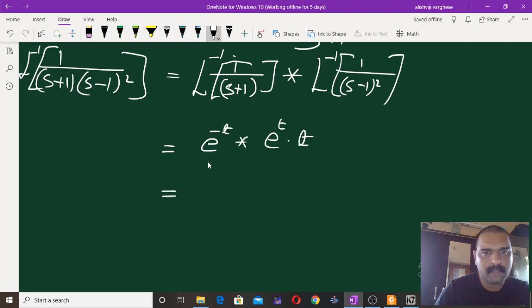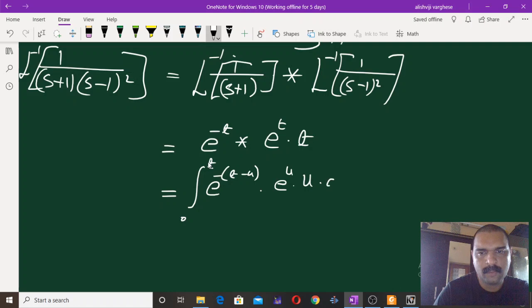Then by definition, it is integral 0 to t. We take e raised to minus t as the first function. So e raised to minus t minus u into e raised to u into u du.